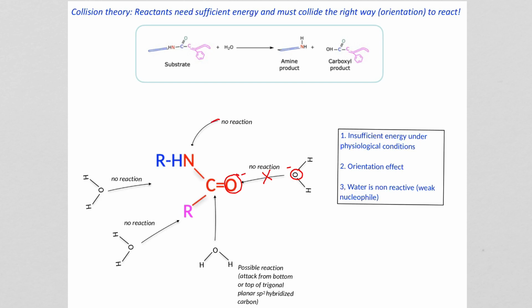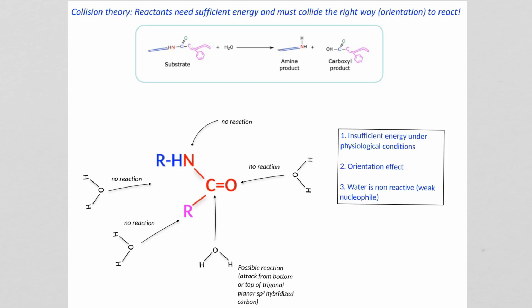Similarly, if the water came in this direction, we have this group that is blocking the water from attacking this carbonyl carbon here. Same problem here. We have this R group that is blocking the water from attacking the carbon.